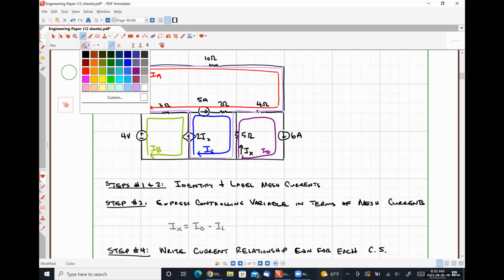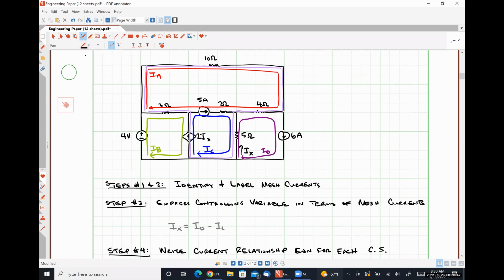So anytime, actually, let me rephrase that slightly because I'm going to show you a case where it won't work in a moment. The overwhelming majority of the time, whenever we have an interior current source, we will have a super mesh that's going to give us a Kirchhoff's voltage law equation and a current relationship equation.